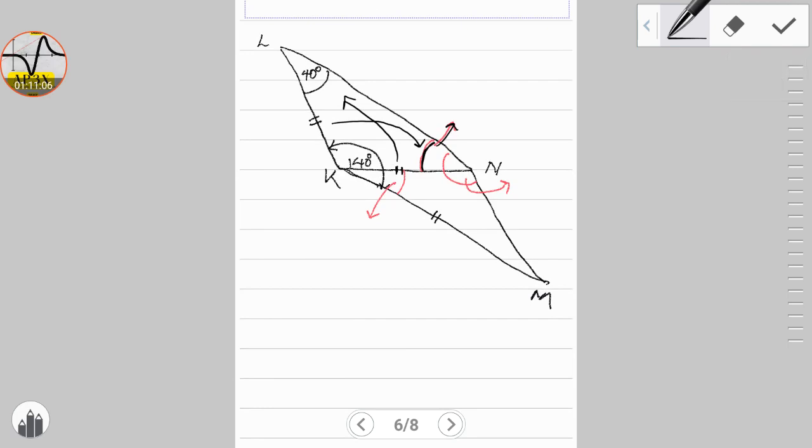So easily we can get to the answer that angle LNK is equal to 40 degrees. The geometric reason for this is that triangle LKN is isosceles, therefore base angles are equal.